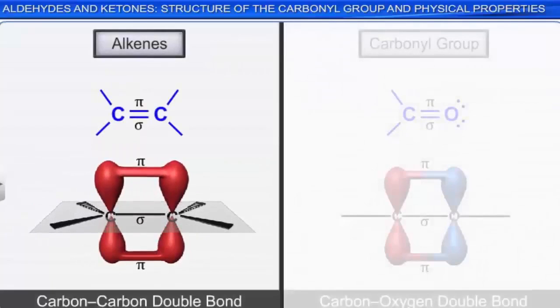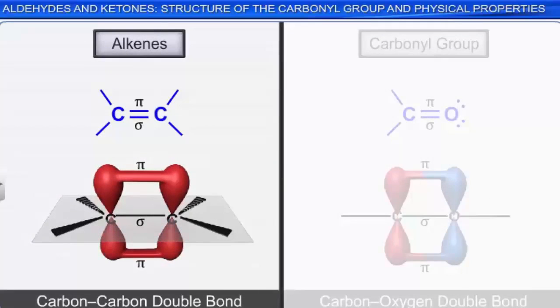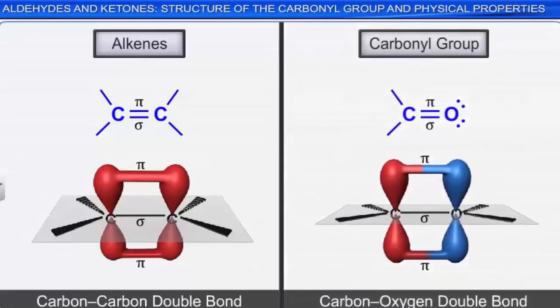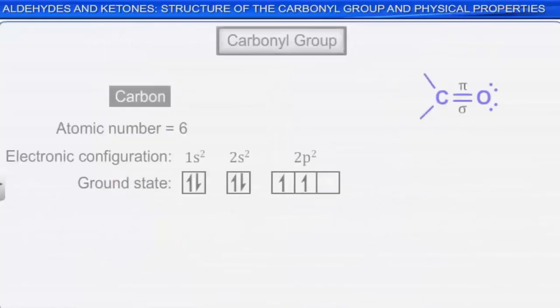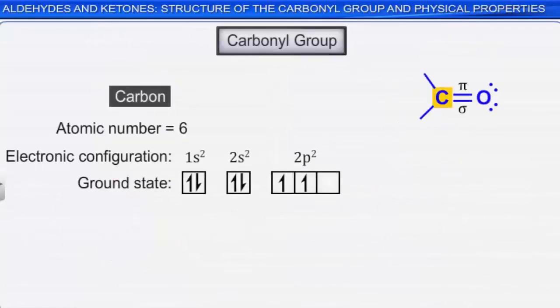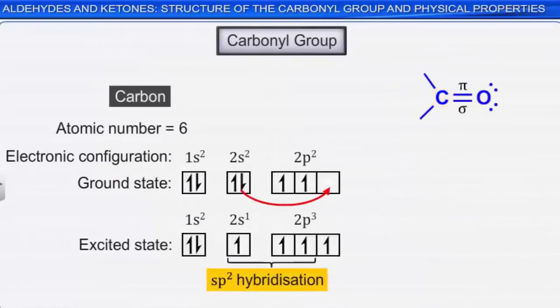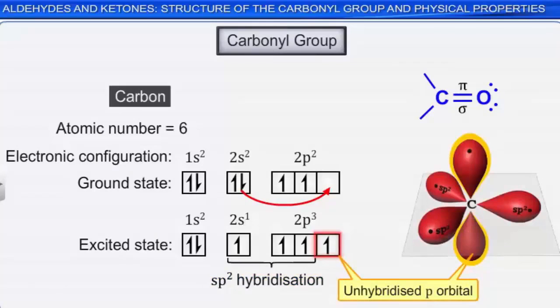Like the carbon-carbon double bond in alkenes, the carbon-oxygen double bond of the carbonyl group is composed of one sigma bond and one pi bond. The carbon atom in the carbonyl group undergoes sp2 hybridization in its excited state, leaving 1 out of 3 p orbitals unhybridized.